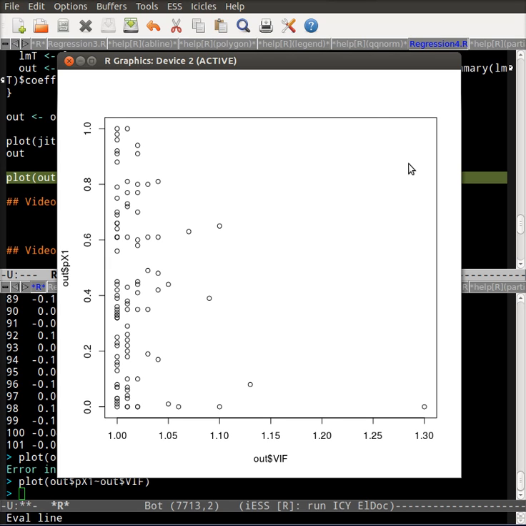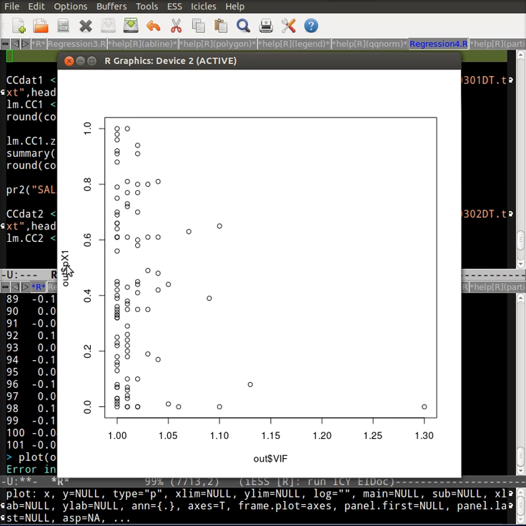Why? Because the probability here of x1 is nothing more than the p-value. And the p-value, this is 0.1, so that's still non-significant. Right here is 0.05. So we can have very small increases in VIF, and we can have non-significant values. Similarly, we can have 1.3 as VIF, and it's still significant at the 0.05 level.